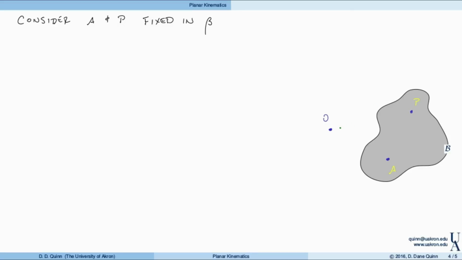So now we have the position of P with respect to O. That's this vector, and again, that's what we're interested in. And we'll write that in terms of the position of A with respect to O, plus the position of P with respect to A.